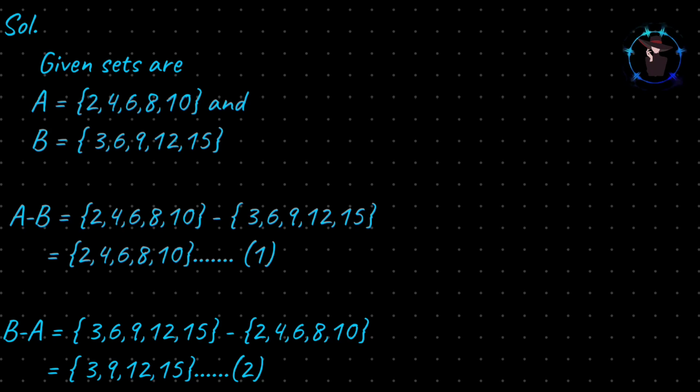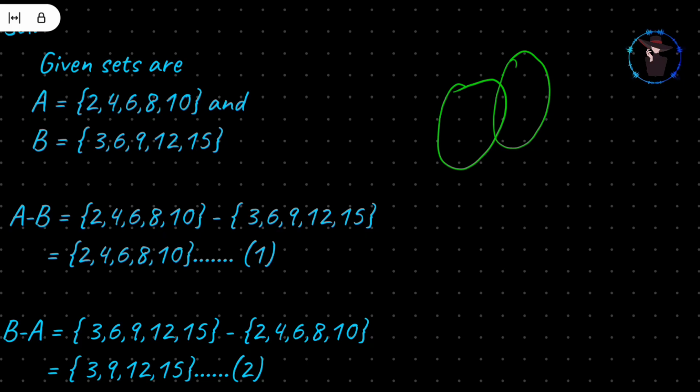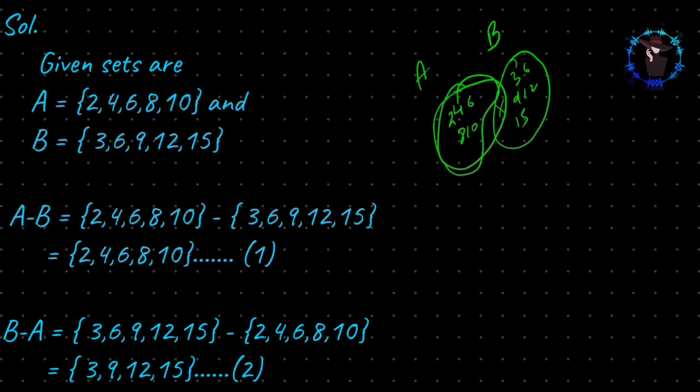I'll just show you with the Venn diagram. Let's consider this Venn diagram and this Venn diagram. So it's A and it's B. So value is 2, 4, 6, 8, 10 and 3, 6, 9, 12, 15. Nothing common here, so the whole A is the answer.